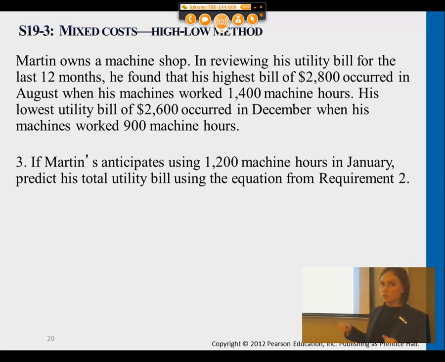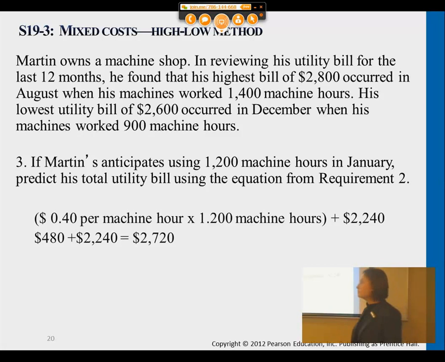So what is a fixed cost? Wake up. It's $2,240, right? How do I calculate my variable? You do 140 times 1,200 and you add it to the 2,240. Very good. Yeah?